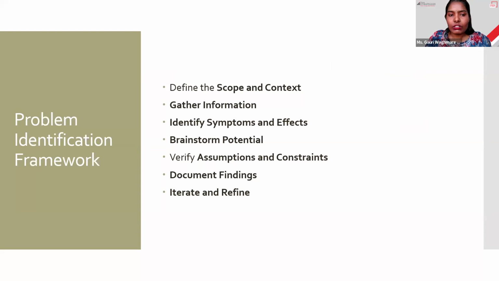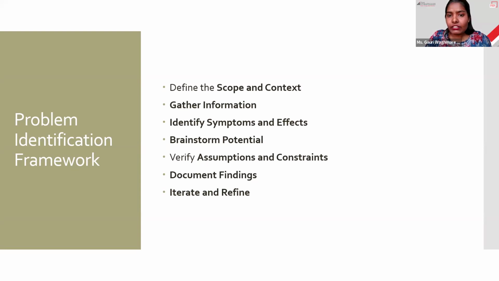So what should be the necessary framework to identify the problems? Firstly, we need to find out the scope of the work, which is very important and the foremost step. So define the scope and context of the work. Then gather information regarding the same through the databases. Identify the symptoms and the effects.